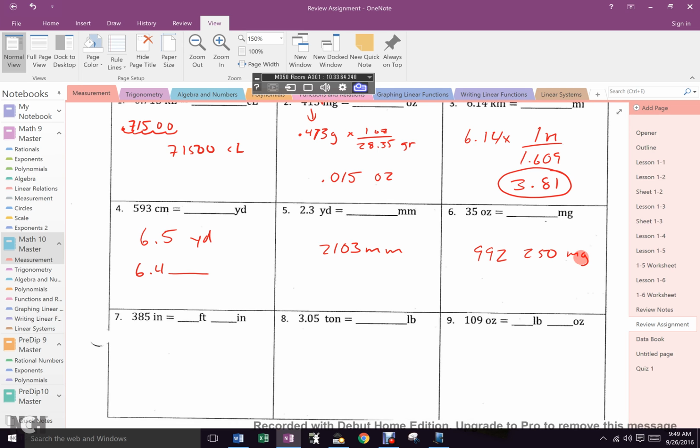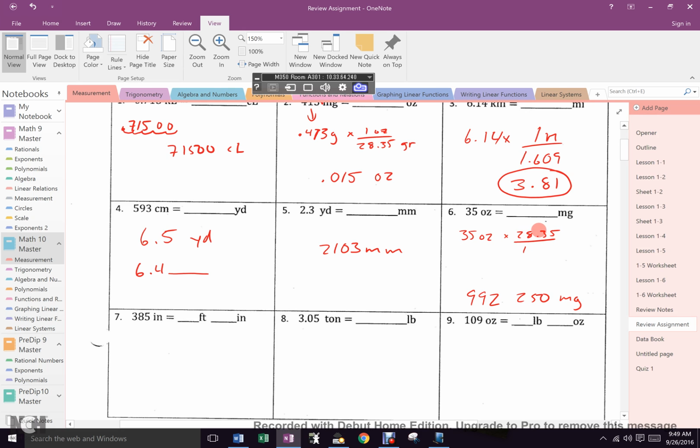Anybody want to see that one, or is everybody okay? Okay. So this one, I'm going to slide this answer down to here. So we had ounces to milligrams. We don't know milligrams, do we? But we know 35 ounces, and we are going to grams, so it's 28.35 over 1 ounce, right?